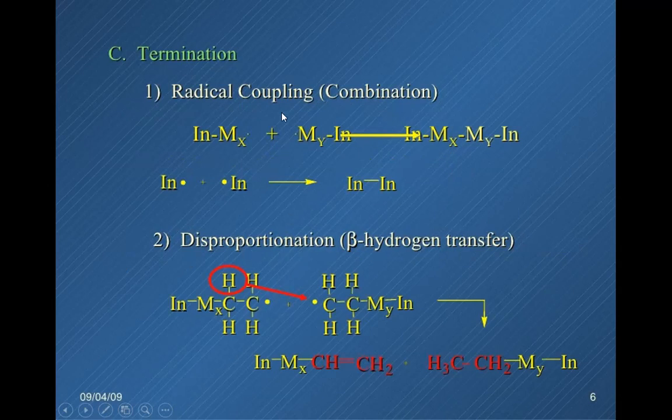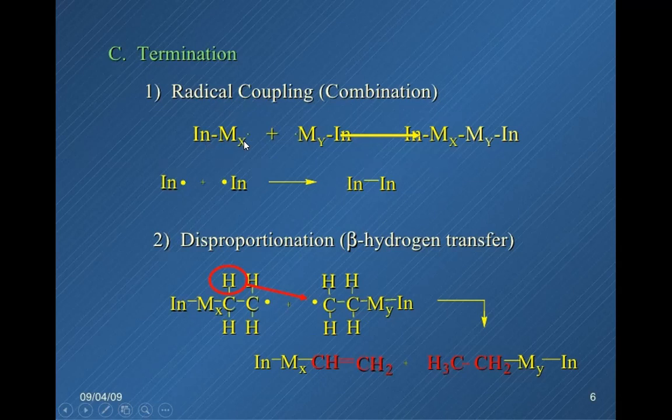Coming to the first process, radical coupling, that means two radicals get coupled to terminate the chain.